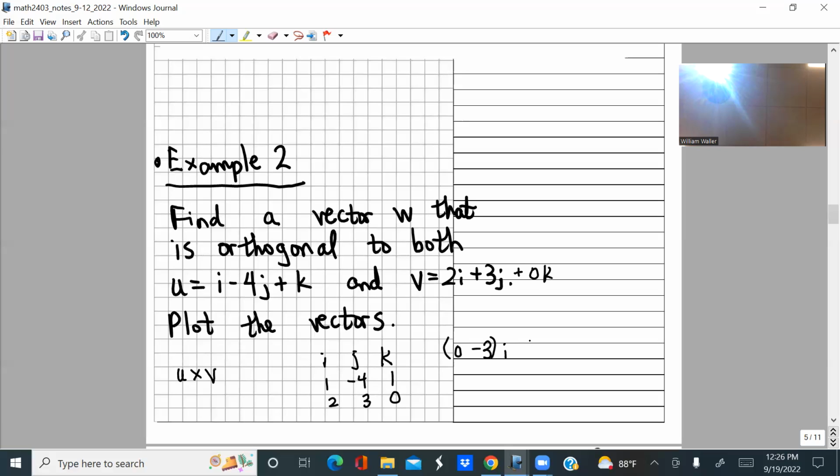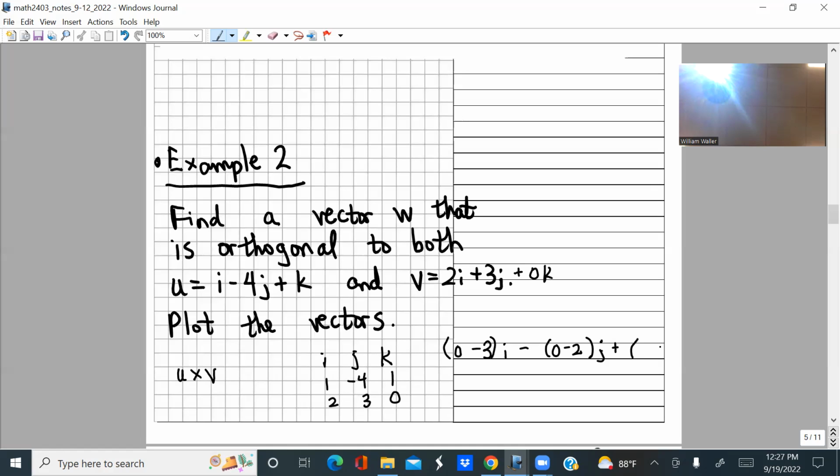So you get 0 minus 3 times I, and then minus what's going to be the j coefficient there. So again, ignore the middle column now, and take this cross product. So 1 times 0 is 0, and then minus 2 times 1, which would be a -2, right? But don't forget, you're changing the sign of that one.